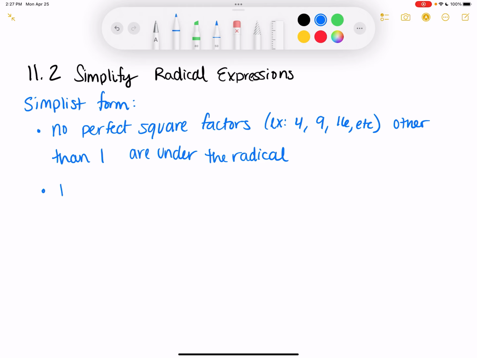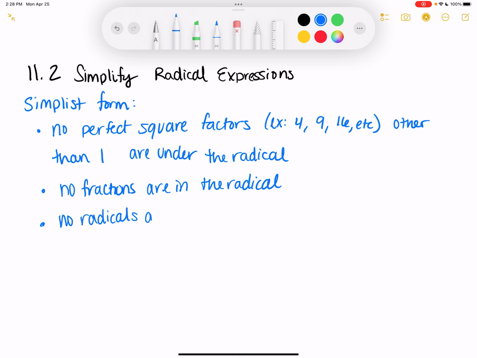No fractions are in the radical. And no radicals appear in the denominator of a fraction.